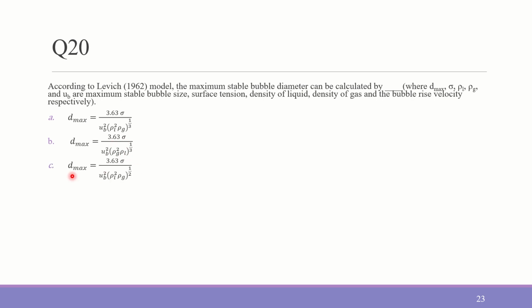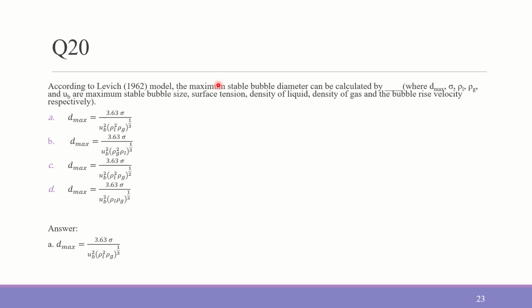Option C, 3.63 sigma divided by UB square into rho L square rho G to the power of 1 by 2. Option D, 3.63 into sigma into UB square into rho L rho G to the power of 1 by 3. I think it is D.